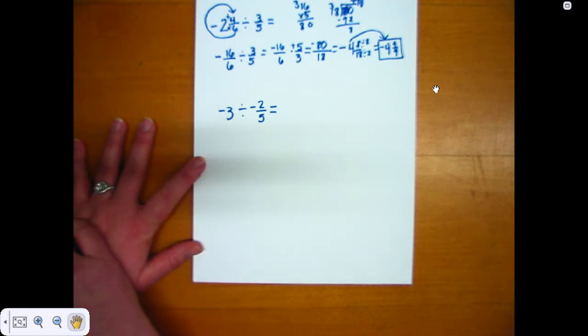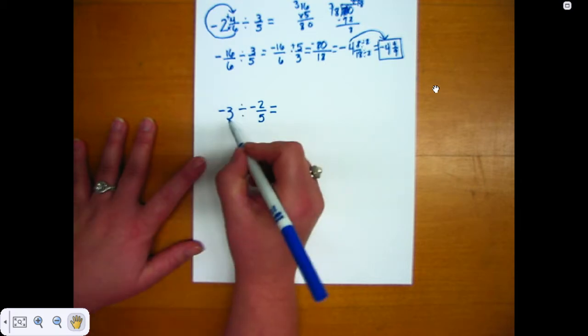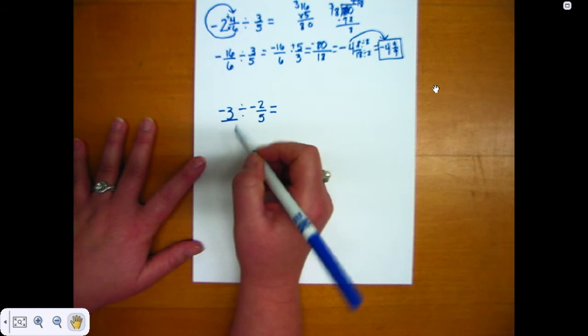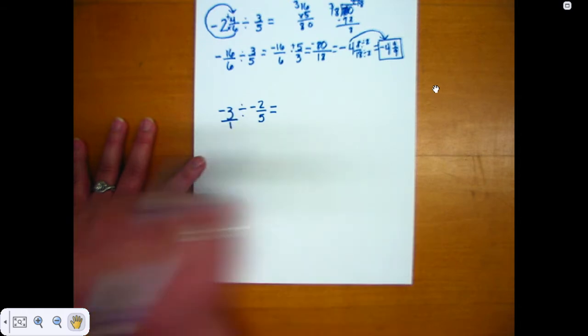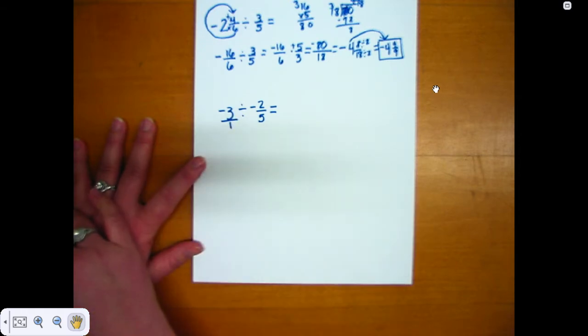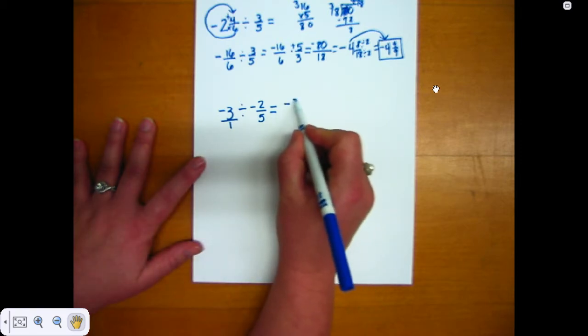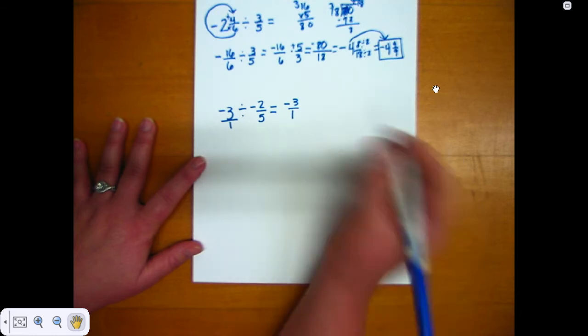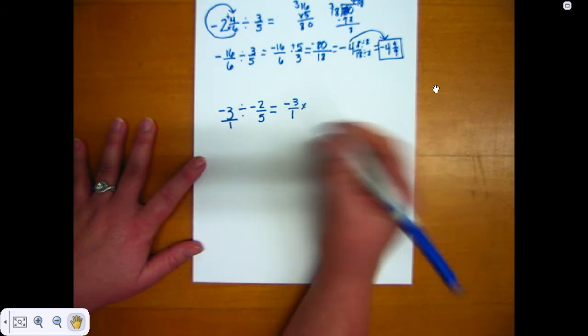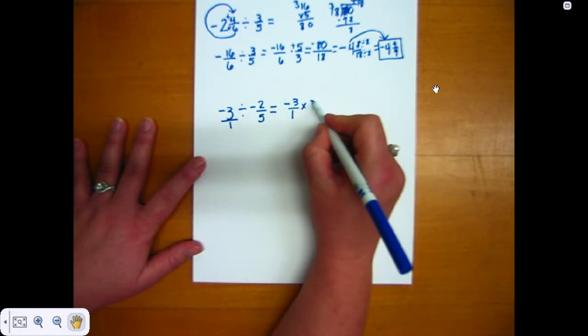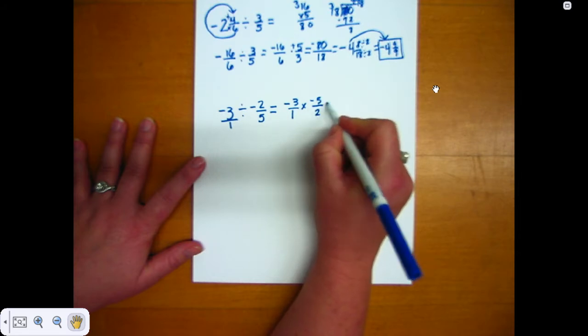Now this time I have a whole number and I'm trying to divide it by a fraction, so I need to make my whole number a fraction. So I can make any whole number a fraction by putting it over 1. So now I need to flip the second one and multiply. So I bring my -3 over 1 over. I change it to multiplication, and I flip this one to -5 over 2.